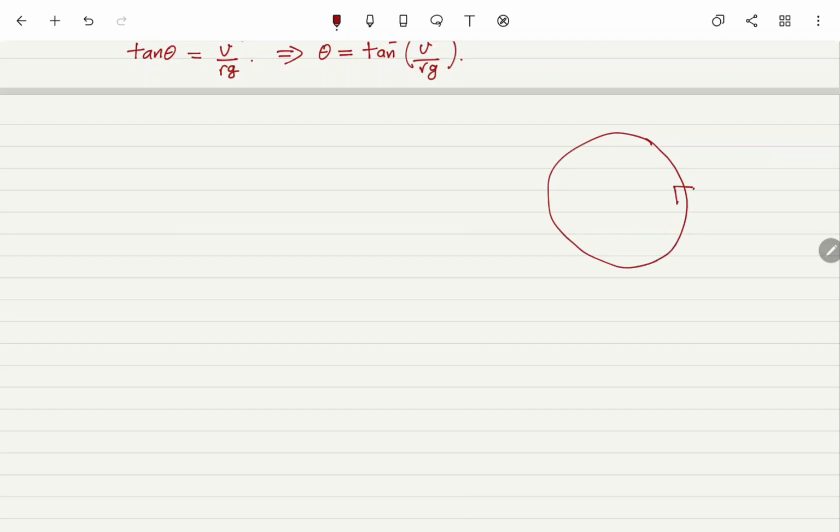If the object is moving with non-uniform circular motion, it has tangential acceleration and radial acceleration, and the resultant one, which is somewhere here, is A. The tangential acceleration is calculated by the first derivative of v with respect to time, and the radial acceleration a_r is equal to v squared over r.